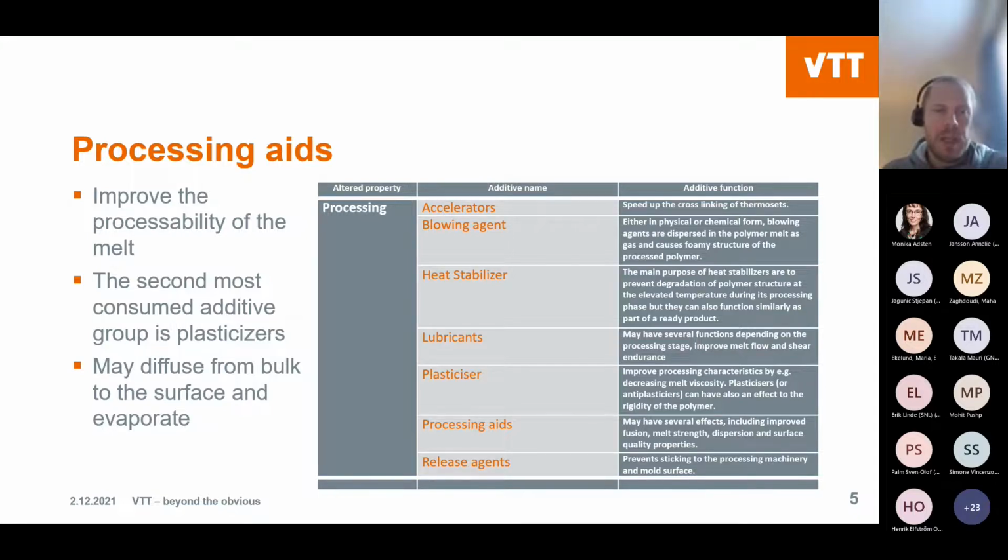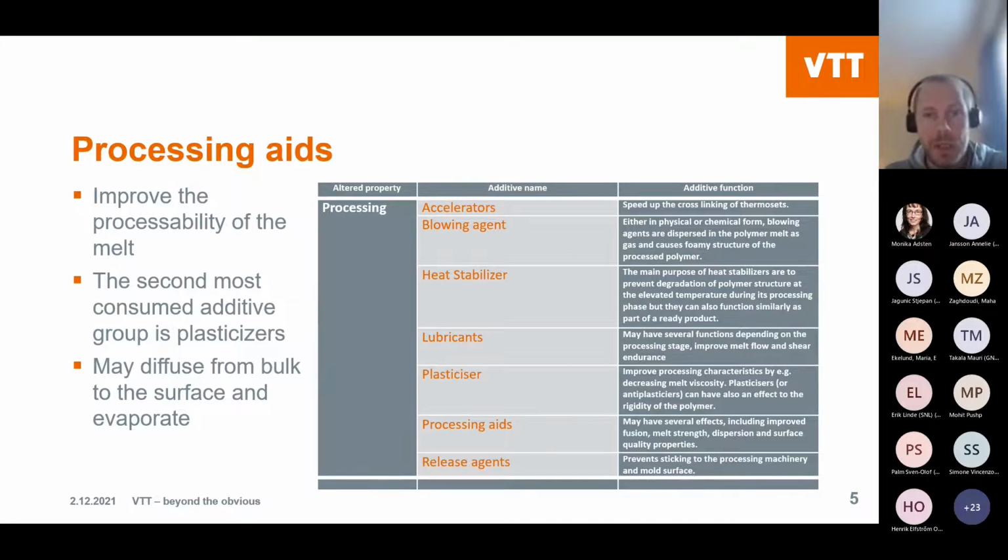Among these processing aids, plasticizer is the most used. And it's also identified that it has a function in the aging process, because plasticizers can diffuse from the material to the material surface and then evaporate away.